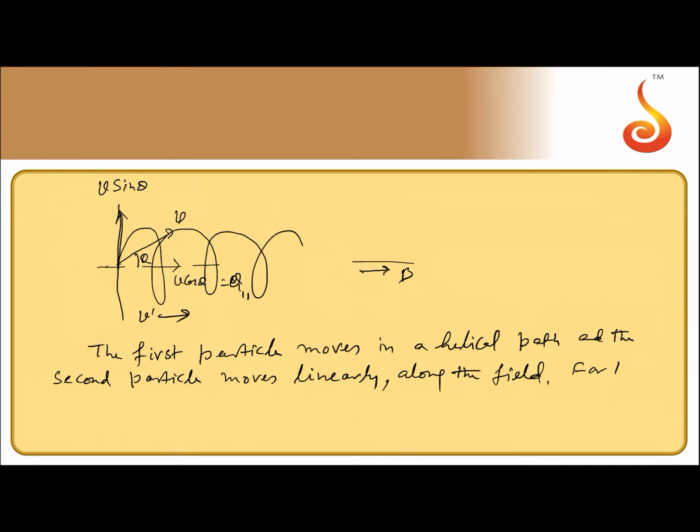For the two particles to meet again and again, therefore V dash should be equal to V parallel equal to V cos theta.